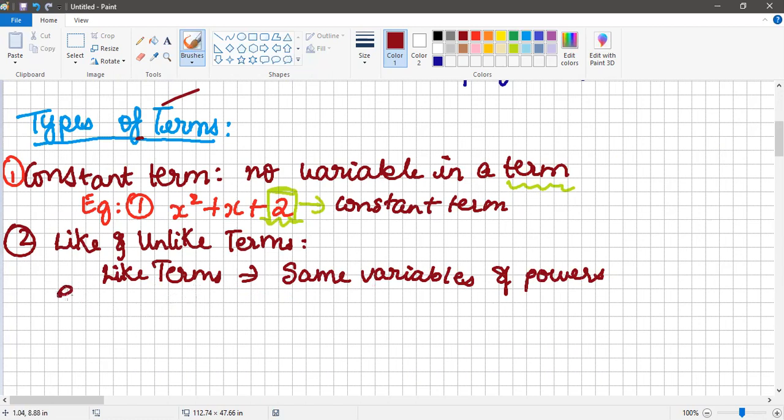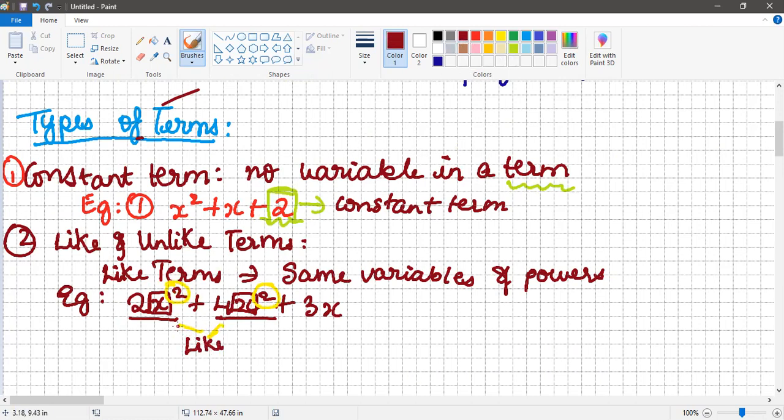For example, we can take 2x square plus 4x square plus 3x. Now look at 2x square and 4x square. Are they having the same variables? x, and here also we have x. What about the power? Here we have 2 and here also we have 2. So what can I say? These two are nothing but like terms.